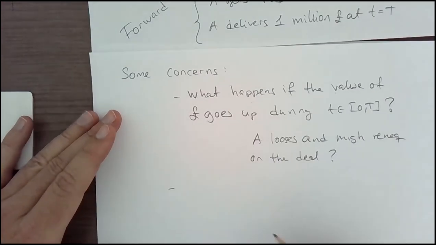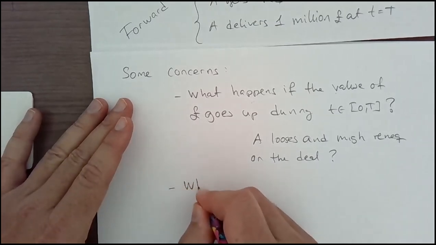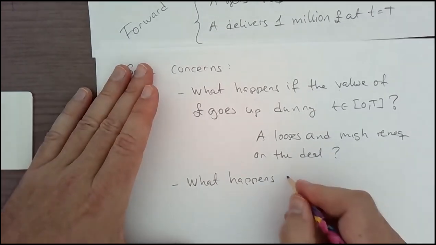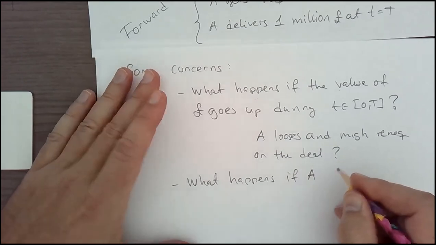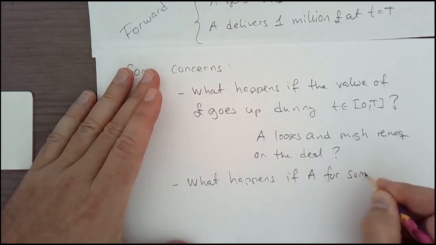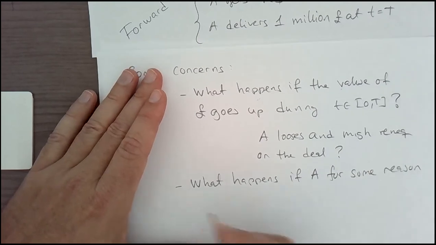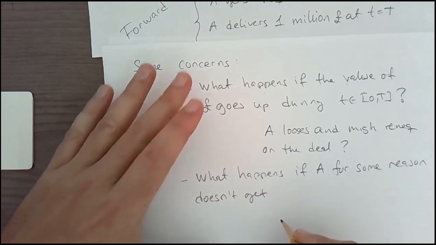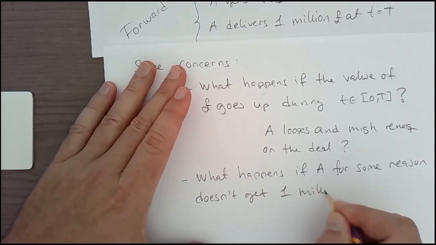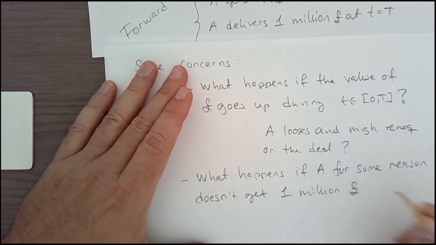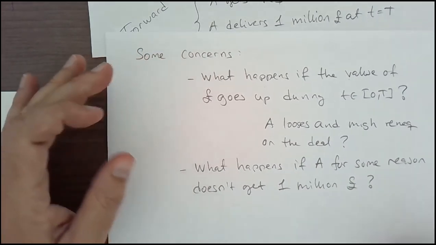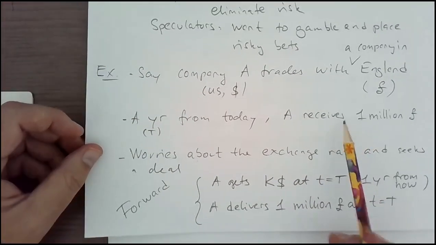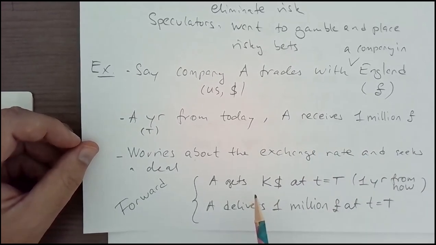Another concern with this deal is, what happens if A, for some reason or another, doesn't get the 1 million pounds? It was stated that he's going to get 1 million pounds a year from today. But say something happens.